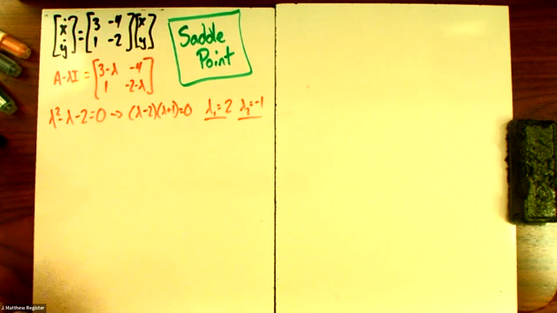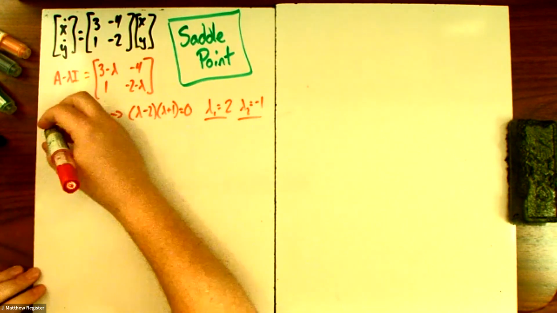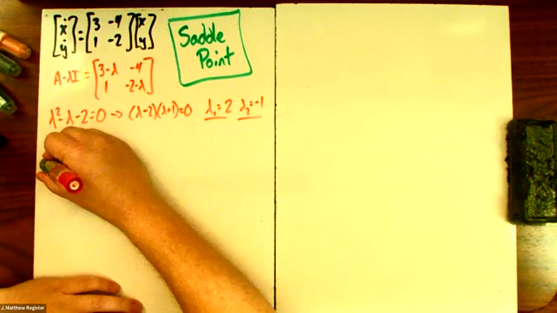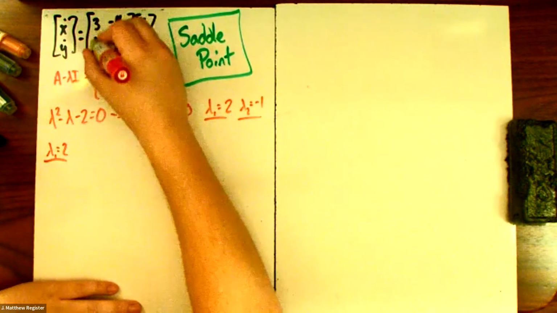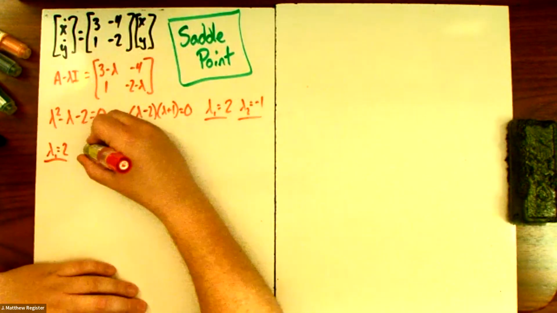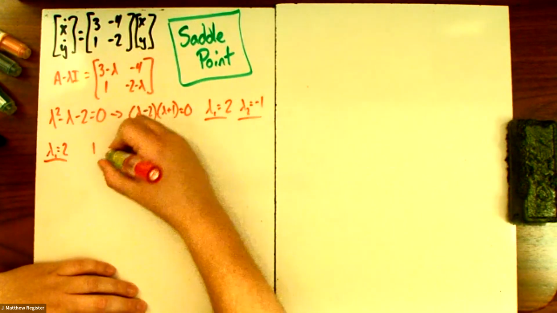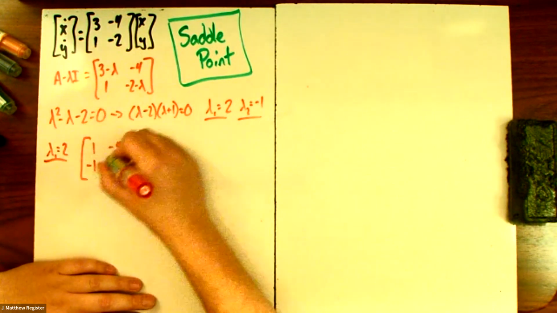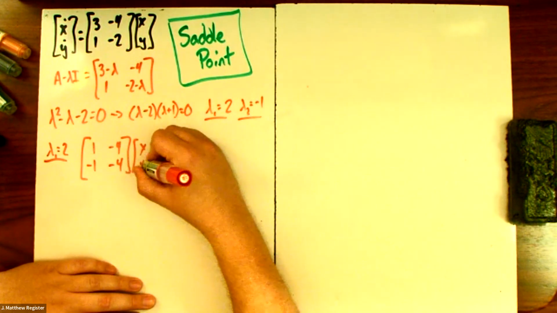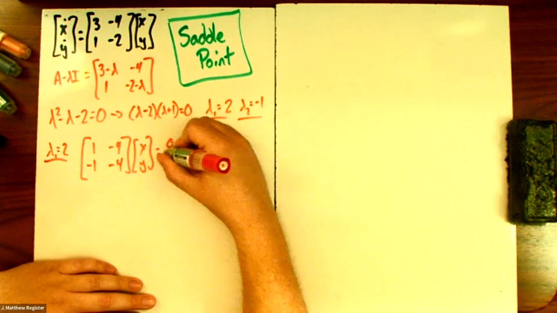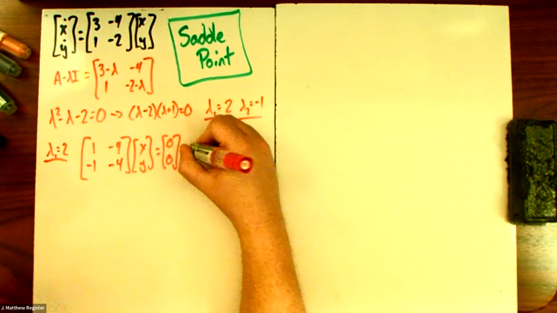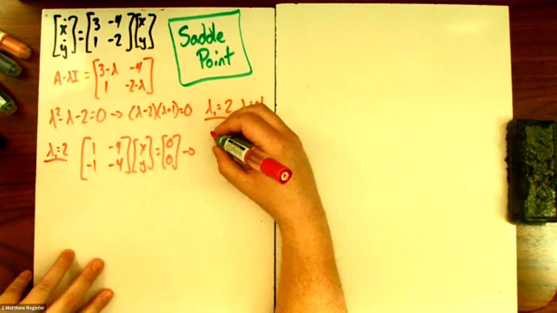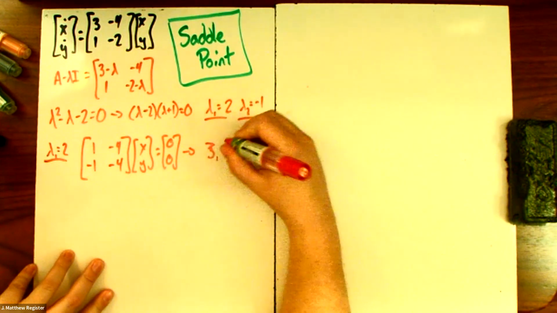And so for lambda 1 equals 2, we are going to get 3 minus 2 is 1, -4, then -1 and -4, times x, y equals 0, 0. Well, that tells us that we are going to have a 4, 1 as our first eigenvector.